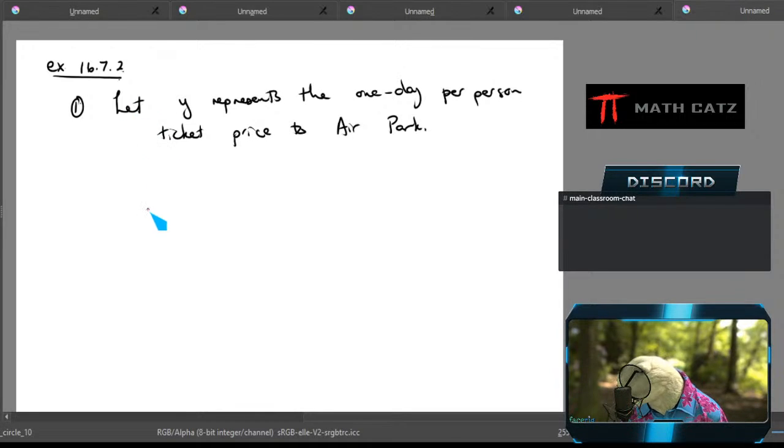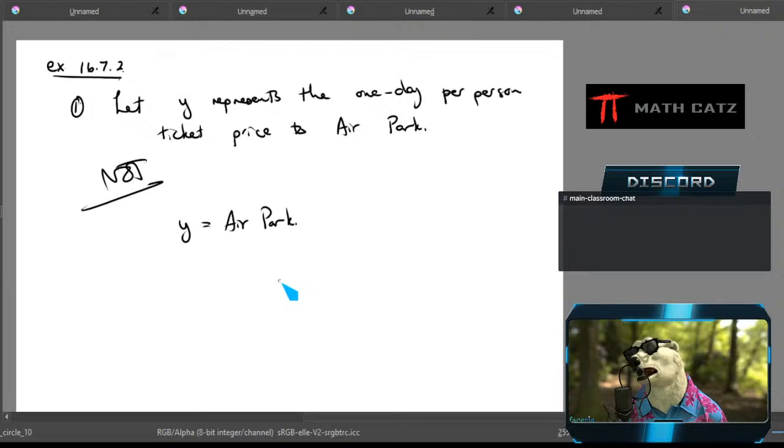I will say it on the record now. If you say y equals Air Park, I will not give you your mark that is reserved for step one because this is not clear. Maybe you know in your mind what you want to say and what the variable means, but if it doesn't come across on paper, virtual paper, it doesn't count.